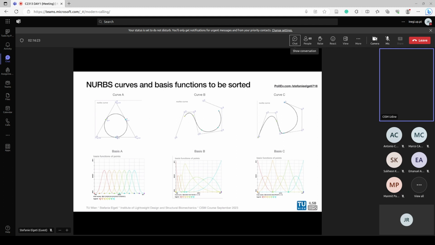Then here, for this set of basis functions, this is the case. So we're looking for something that interpolates the first and last control point.